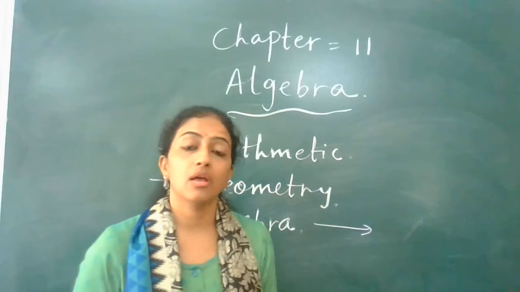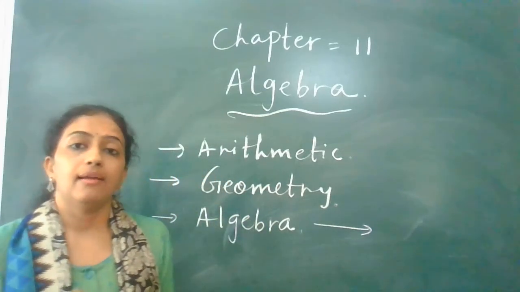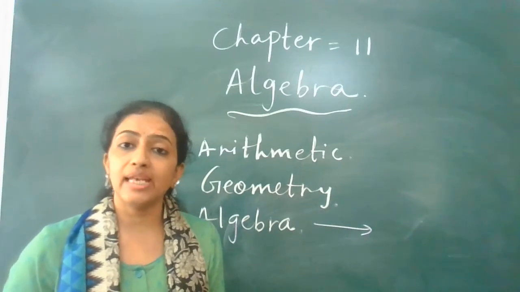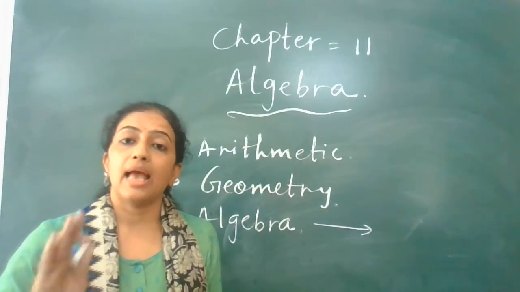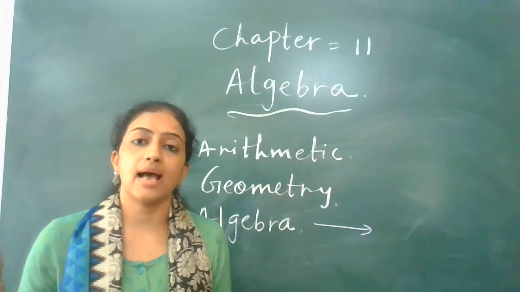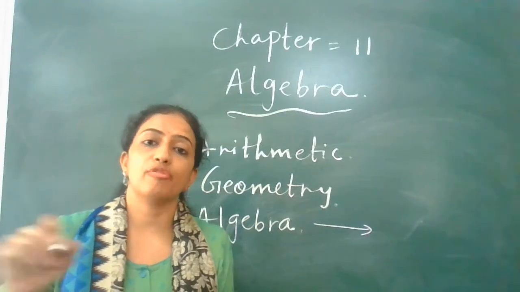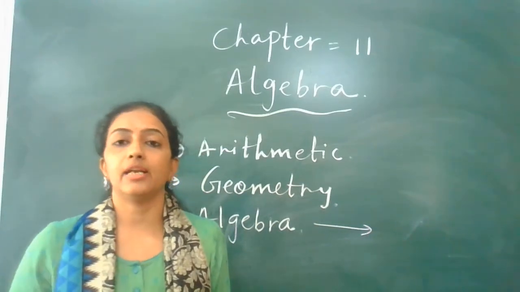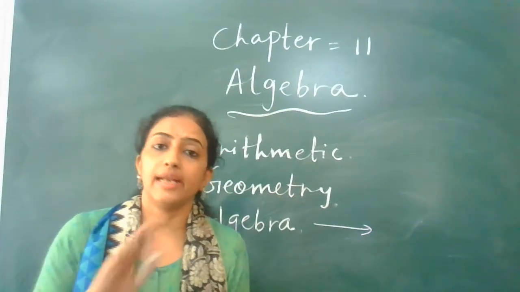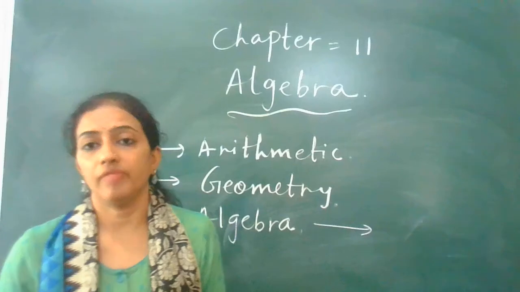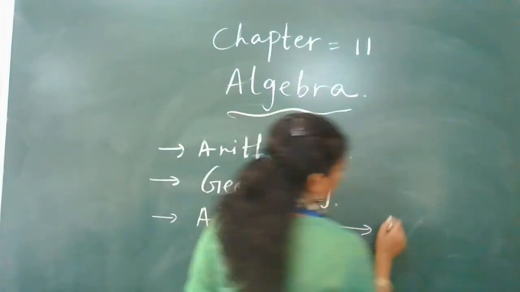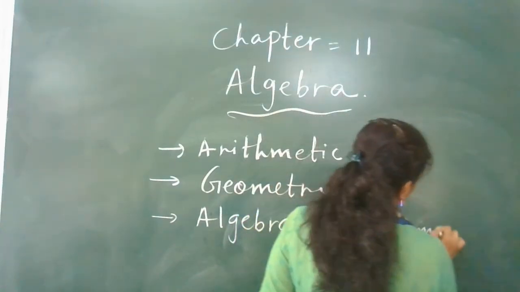As I have said, we are using letters for unknown numbers, then you have to treat these letters as numbers only. So you don't have to consider them as alphabets. When you put a letter in the place of a number, directly or indirectly it becomes a number, or you can replace it later when you come to know the value. Okay, so here I will explain the commutative property.